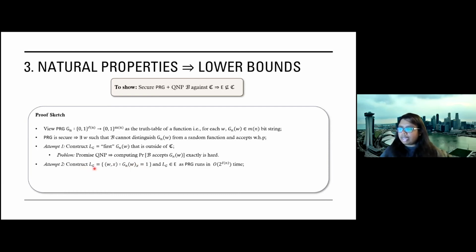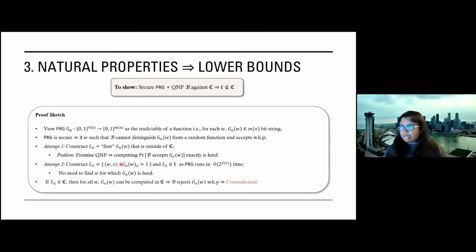Then if I collect all of these tuples, that is going to be my language. Now, the bottleneck to compute LG is just the same as the bottleneck to compute the generator's output itself, and we know that that is exponential time, so that condition holds. Also, it gets rid of the issue that I need to find a W for which this is hard, because all possible W's and X's are included within the language.